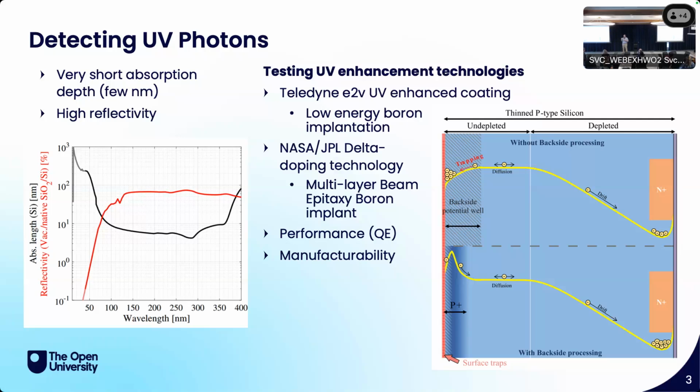Of course, the UV enhanced coating is part of their flow, and has been used on missions before, whereas Teledyne is working with JPL to get their process into a state where you can fully deliver flight devices to missions.